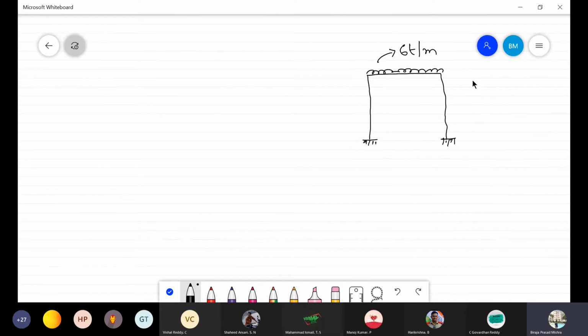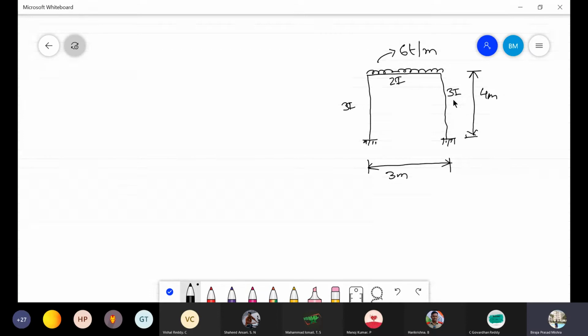The length of this member is 4 meters. This one is of length 3 meters. This is 3I, this is 2I, and this one is again 3I.